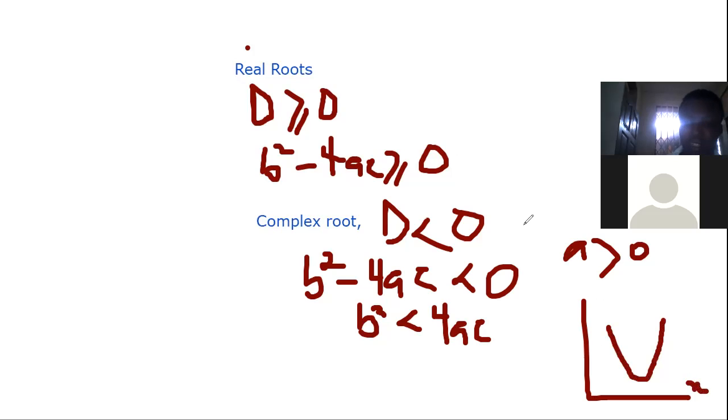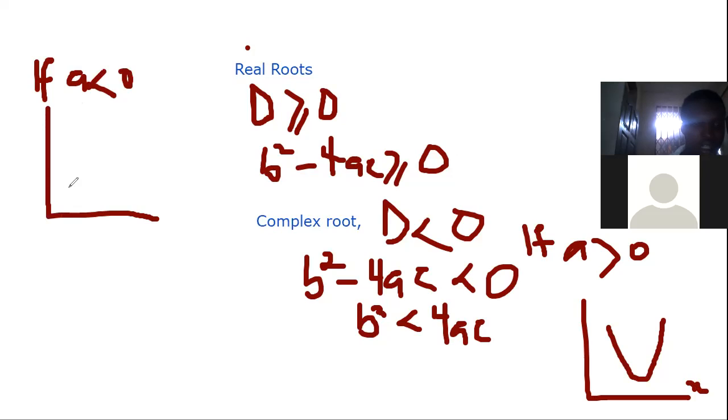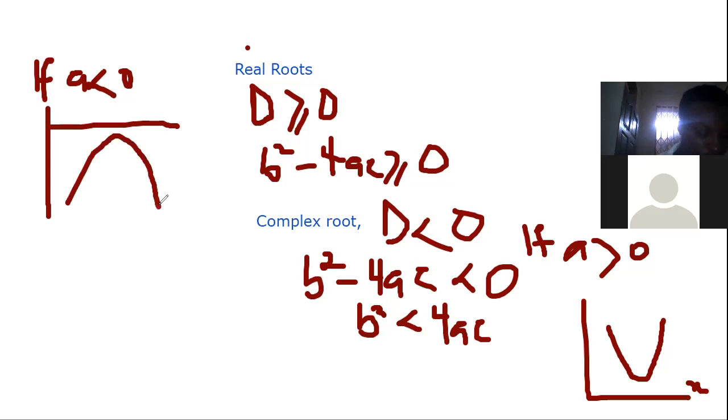If a is less than 0, you're going to get a graph like this.